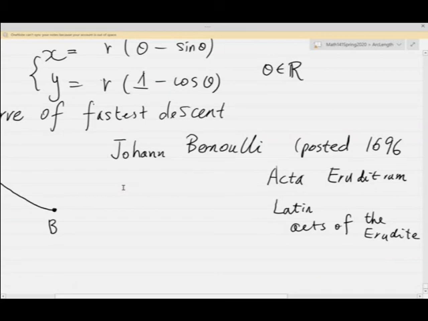Okay, some history of this thing. Johann Bernoulli has a younger brother called Jacopo Bernoulli.